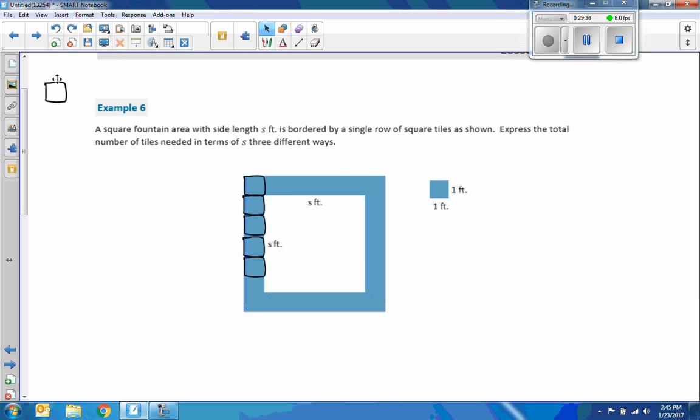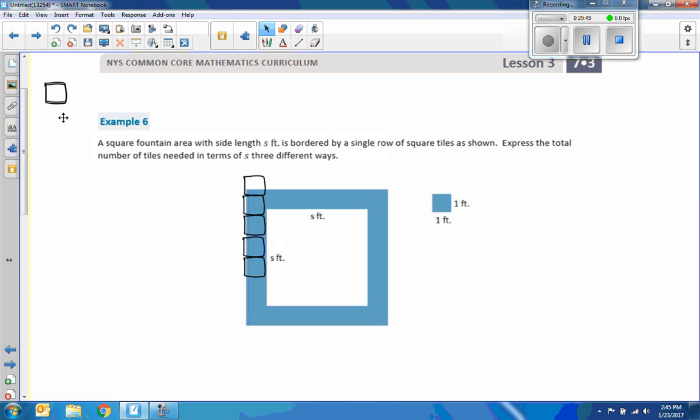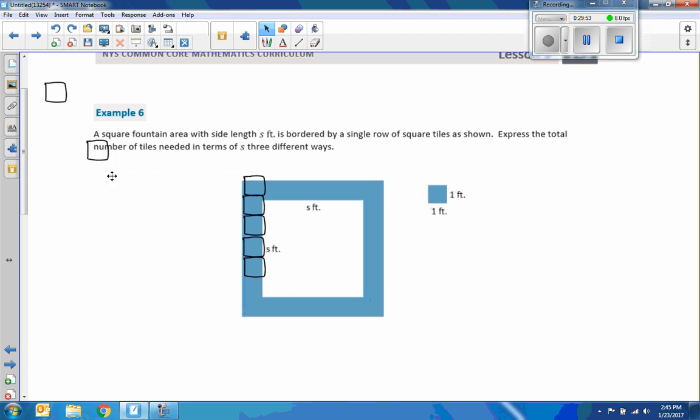Oh, there's 2 there. I'm going to stop here, though.